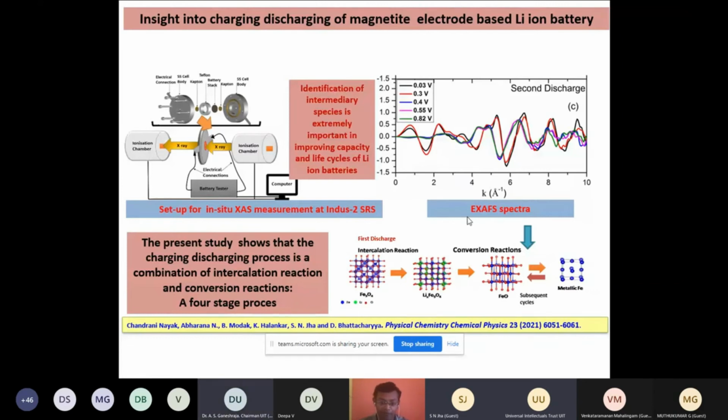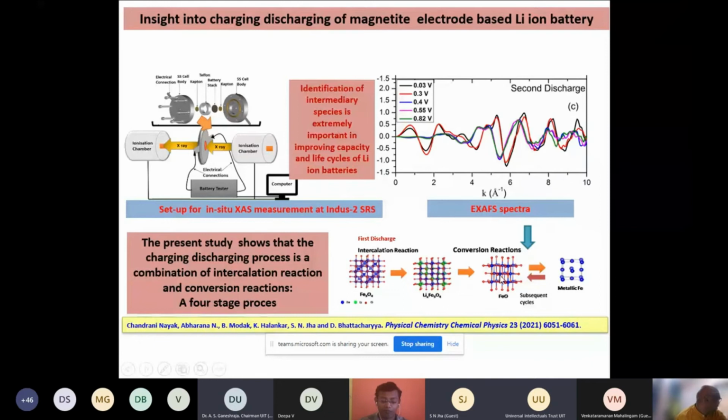So this gives insight into charging-discharging of a magnetite electrode-based lithium-ion battery. This was done in situ with the setup which has been developed at RRCAT Indore, and these are the different EXAFS spectra as a function of voltage applied, and from these studies we have got this pathway of the reactions.